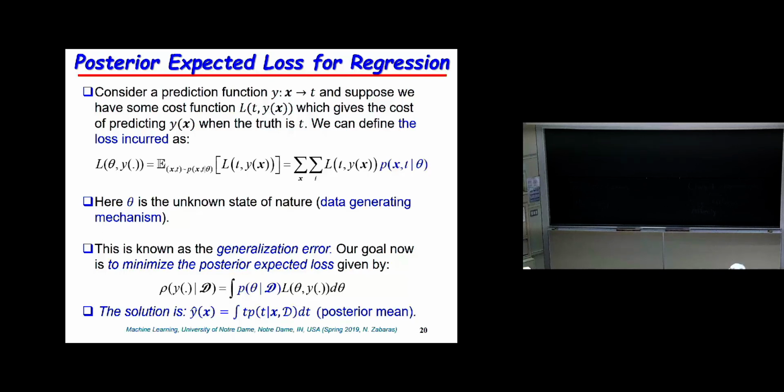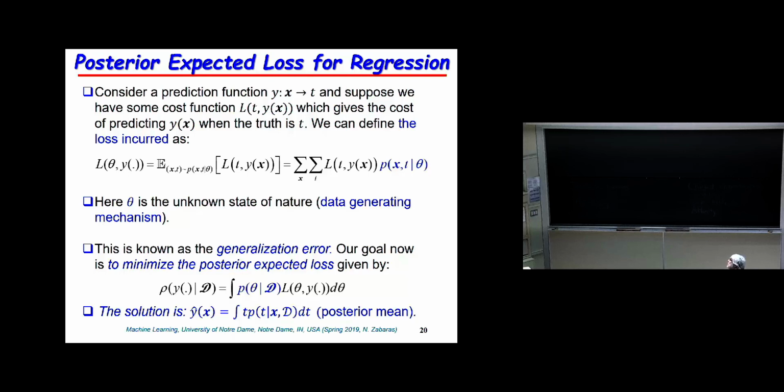So I want to emphasize that there are parameters in this joint distribution, and I call those parameters theta. So if you take this loss function and you minimize it with respect to Y of X, and you say, what is the best regression function, then you come with the mean of the distribution of T given X. But don't forget that that distribution of T given X depends on theta.